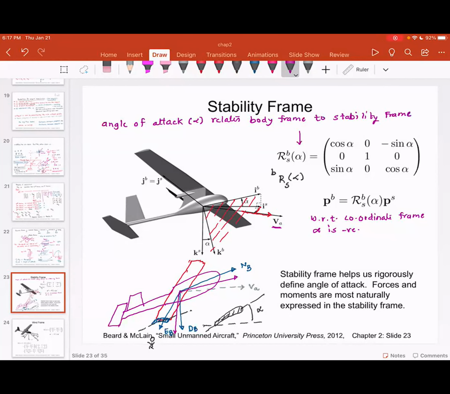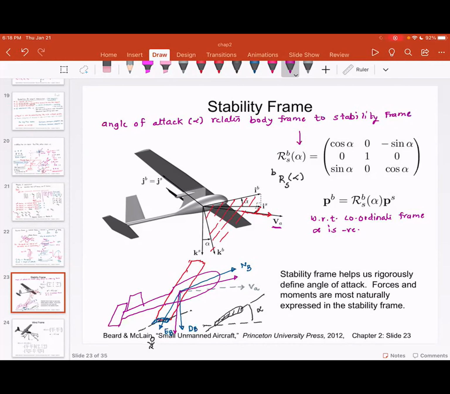And once again, why do we need stability frame? Stability frame is needed because the aerodynamic forces are resolved in the stability frame. But sometimes the velocity of air VA is not in the very clean projected direction. It actually makes an angle which is called the side slip angle.